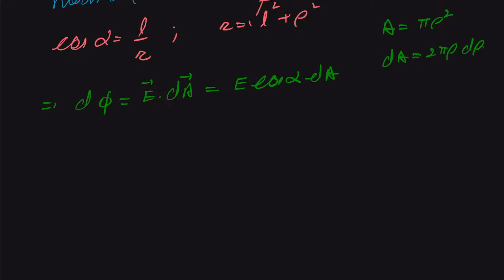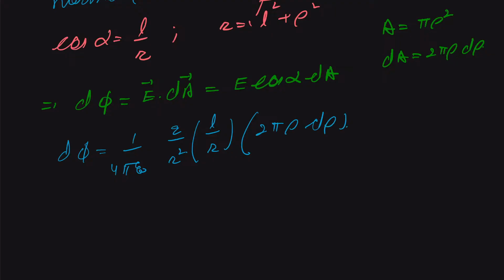Therefore we can say that our flux will be equal to, we can substitute the value of our electric field, 1 upon 4 pi epsilon naught q upon r square L upon r, and area we get as 2 pi rho and d rho.